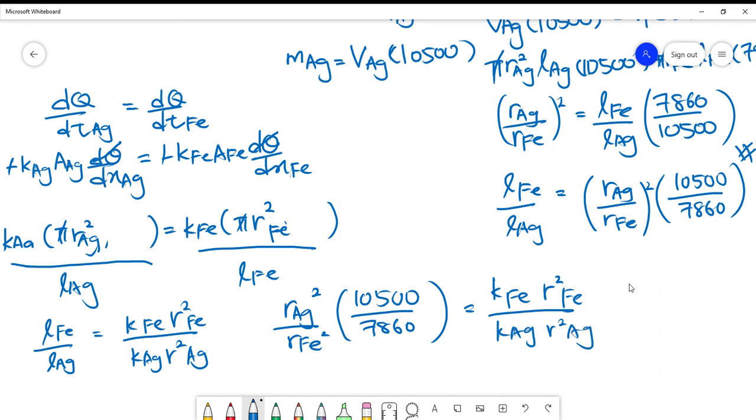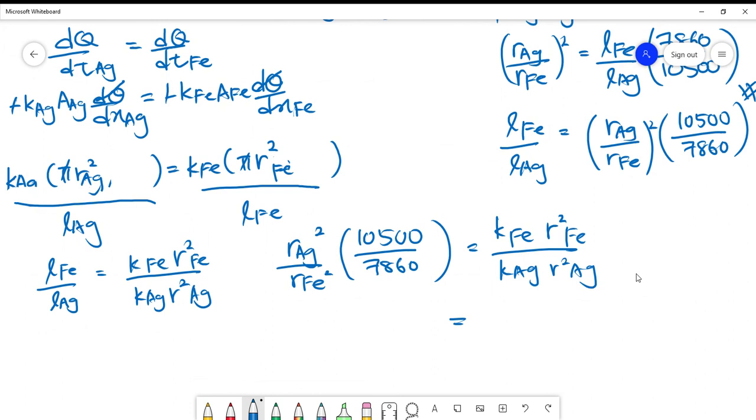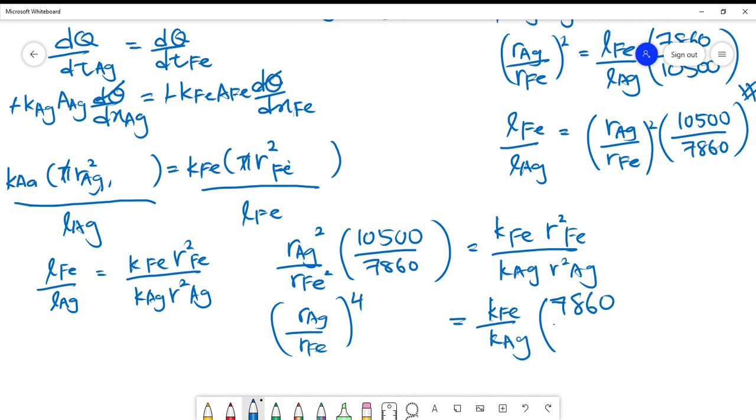So finally, this is Ag over Fe to the power of 4, and K_Fe over K_Ag times 7860 divided by 10500.